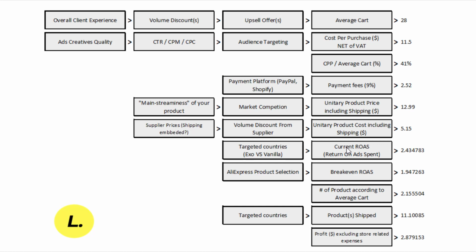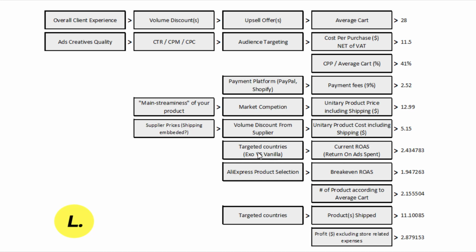Your current ROAS. There are a lot of factors, and it vastly depends on what you are selling, because a lot of people just need a ROAS of 2 to be profitable.